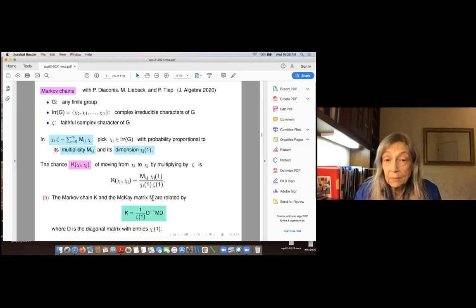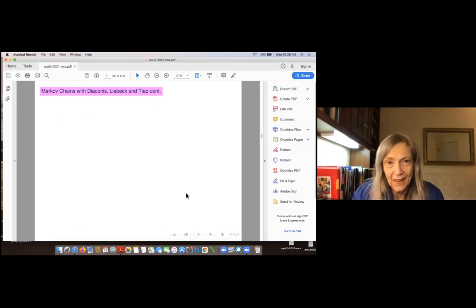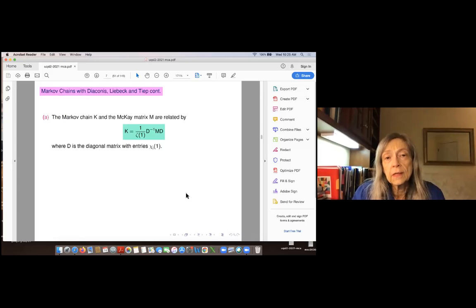And then ζ(1) is just a scaling factor. So all of a sudden we're doing probability, or we didn't realize we were doing probability. We were just doing algebra, and it became probability. Okay. So this is the relation that we had on the previous page.